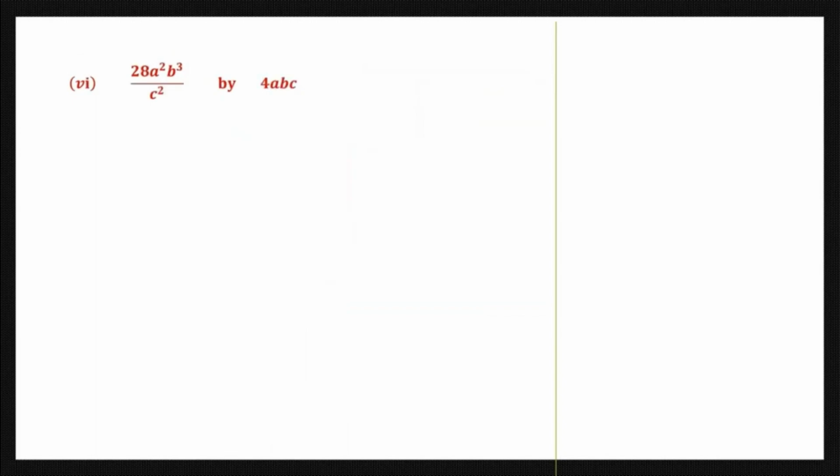Question 6. 28, let me write it down. 28a square b cubed by c square. So this is already in the form of a fraction. So we'll put the other one by the side, divided by 4abc. So now let's give 4abc a denominator 1, and now we're going to take this as division of fractions.